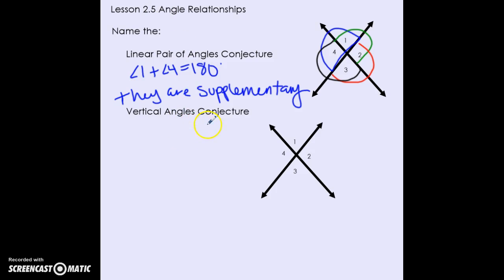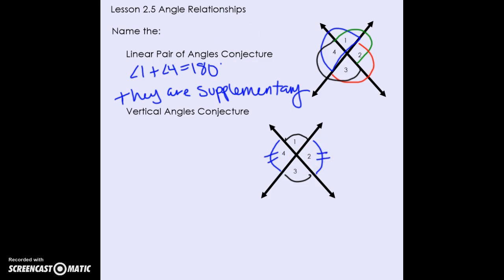The next one is the vertical angles conjecture, and we already know what vertical angles are. We've talked about those, where they share a vertex, but they do not share a side. They are formed by two intersecting lines. So angle 1 and angle 3 would be a pair of vertical angles, and 2 and 4 would be a pair of vertical angles. And for vertical angles, they're actually congruent in size.